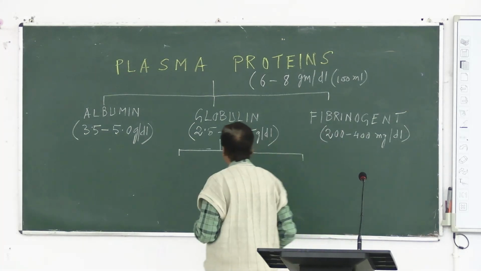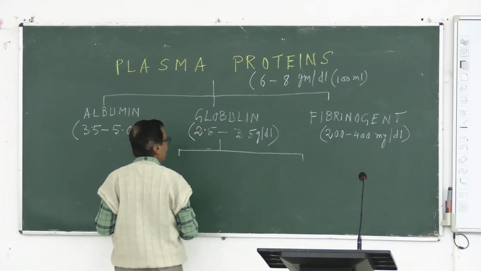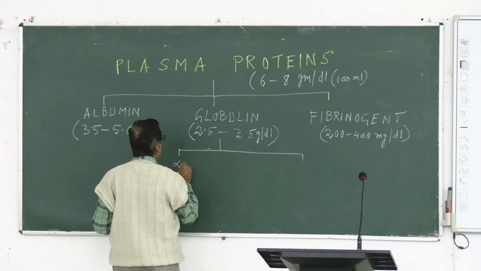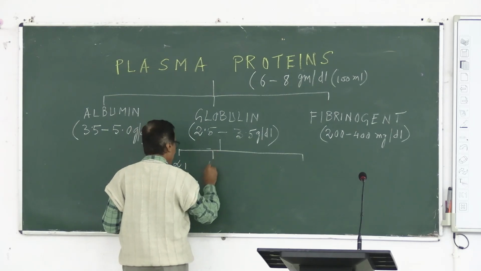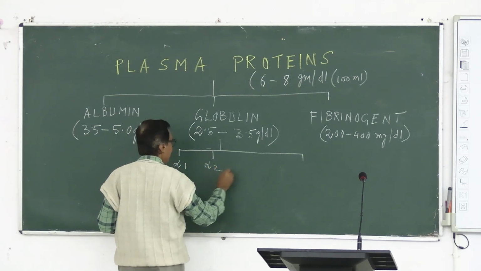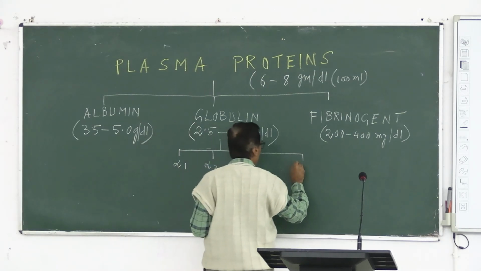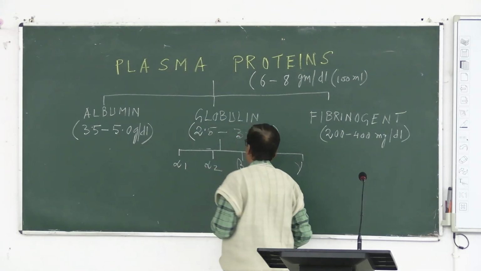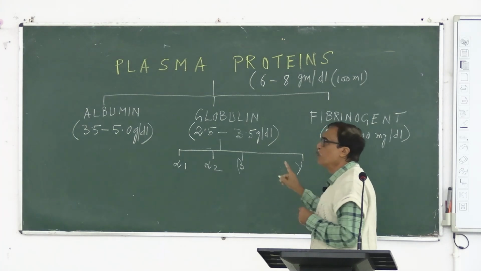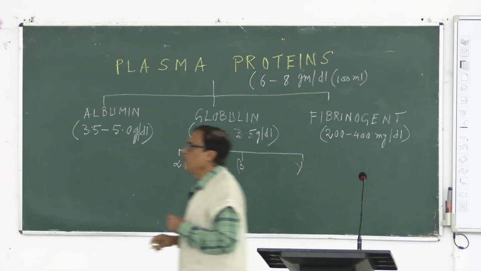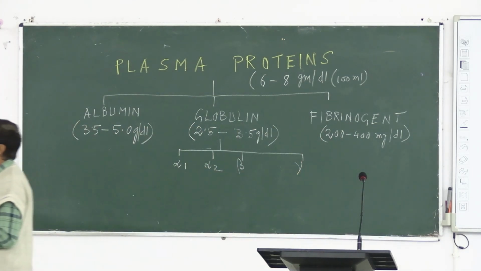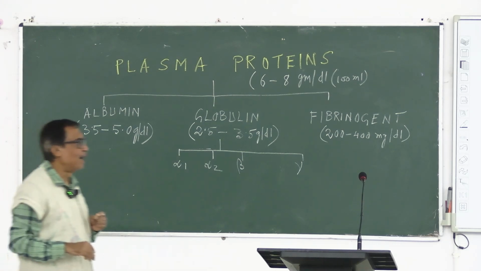Now globulin may be alpha 1 globulin, alpha 2 globulin, beta globulin, or gamma globulin. There are 4 varieties of globulin: alpha 1, alpha 2, beta, gamma.